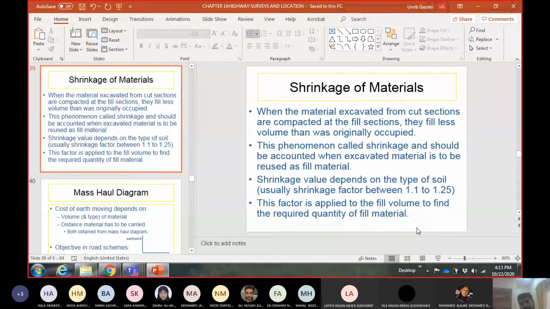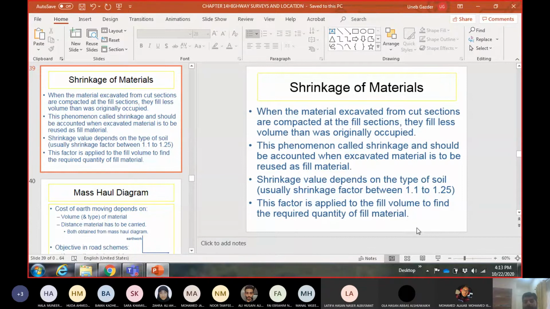Any loose material brought into the site, whether concrete, asphalt, aggregate, sand or clay, you fill it and you do compaction.